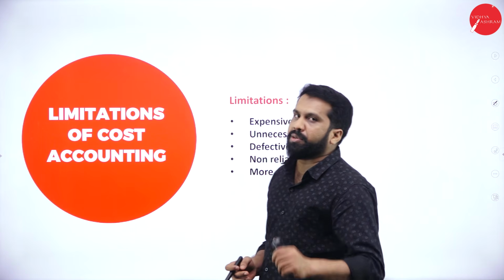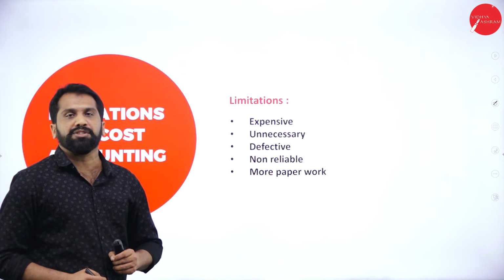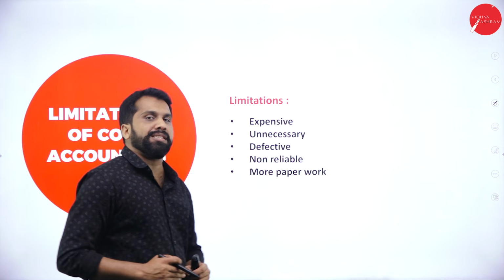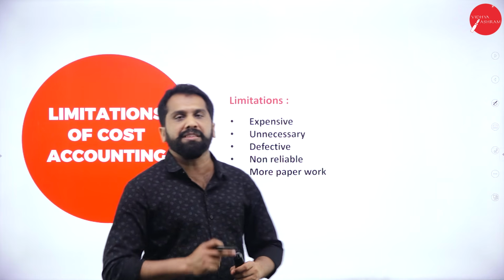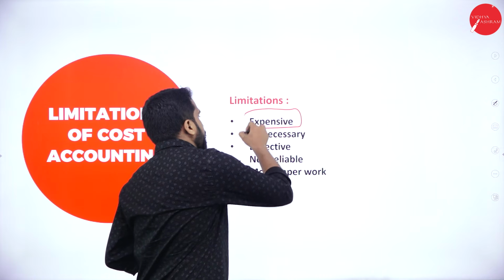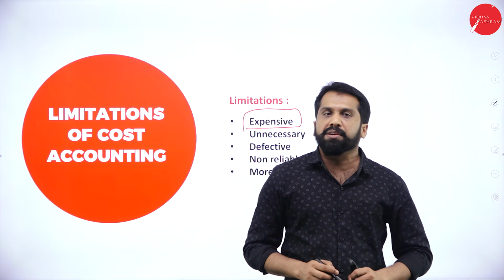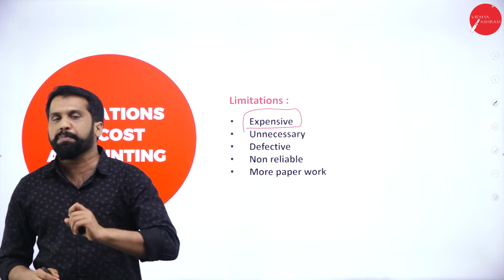So, even though there are advantages, for everything we have limitations or disadvantages. Which are those disadvantages? Which are those limitations? We will discuss now. Expensive. For cost accounting, you should appoint a cost accountant, an accountant, and a helper to him.